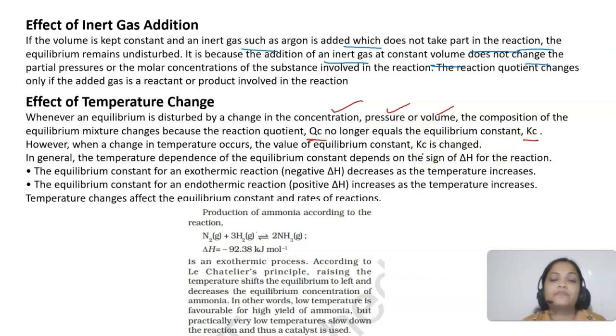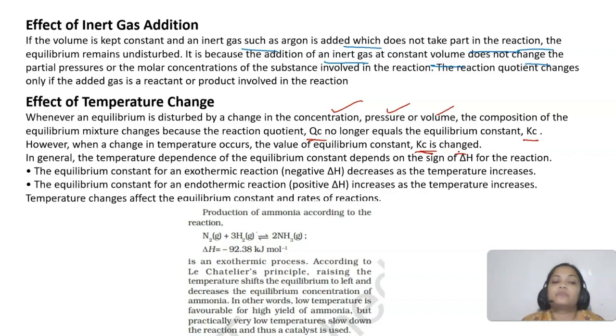But वहां पर इक्विलिब्रियम कांस्टेंट चेंज नहीं हो रहा था. द वैल्यू ऑफ क्यूसी वाज चेंजिंग. ओके, बट व्हेन अ टेम्परेचर चेंज हैपेंस, सो यू नो कि इक्विलिब्रियम कांस्टेंट डिपेंड्स ऑन टेम्परेचर. सो व्हेन टेम्परेचर चेंज इज हैपनिंग, इक्विलिब्रियम कांस्टेंट विल चेंज. ओके, सो अब first of all try to understand ki how equilibrium constant changes with temperature. Okay, that is very important.